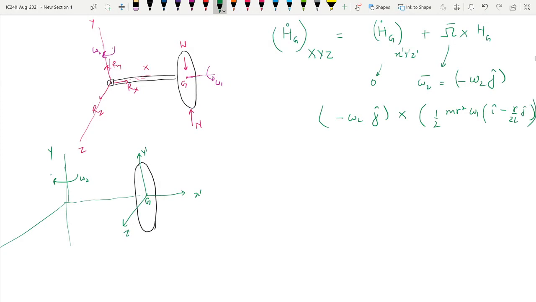So we have seen that angular momentum you have in both directions, in i cap as well as in j cap. So here you will have this cross product term, which will be m r square by 2 times omega 1 times omega 2 times j cross i, which is minus k, and minus minus becomes plus 1. So this is in the k cap.